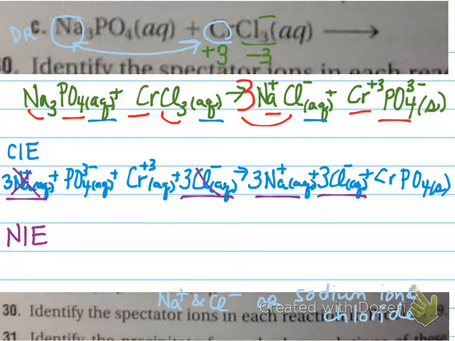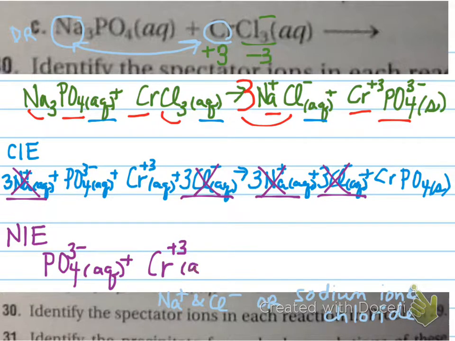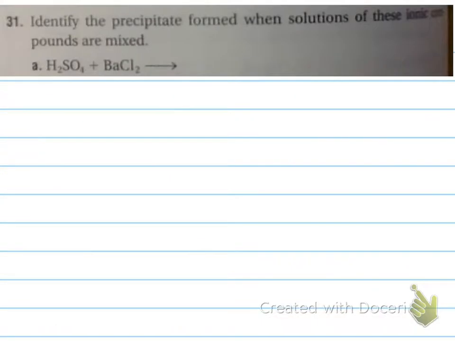Again, I'm going to leave those spectator ions out. So I have PO4 negative 3 aqueous plus Cr plus 3 aqueous yields CrPO4 solid. So that is 29 and 30. So that brings us to number 31.